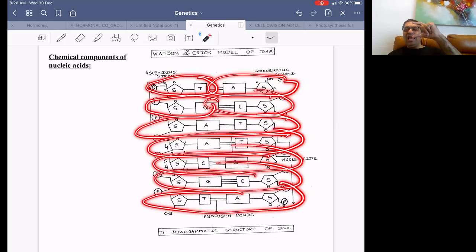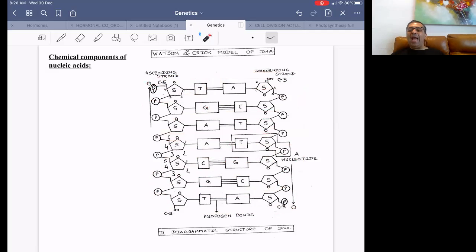So a gene is nothing but some number of nucleotide pairs. Some number of nucleotide pairs form one gene. How many nucleotide pairs?